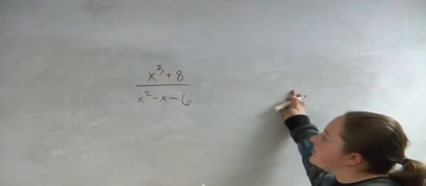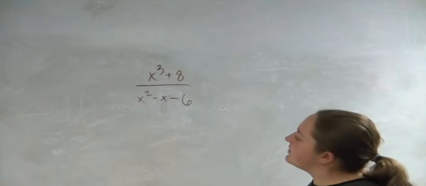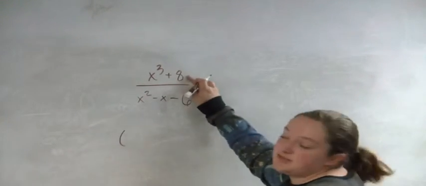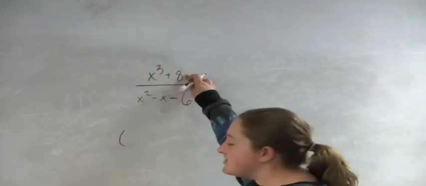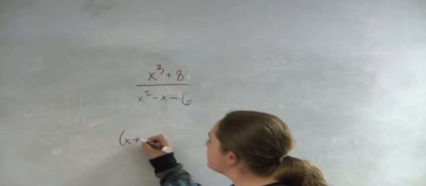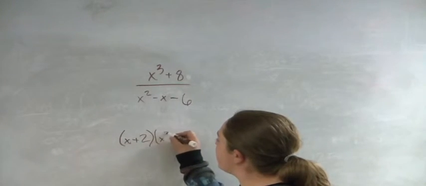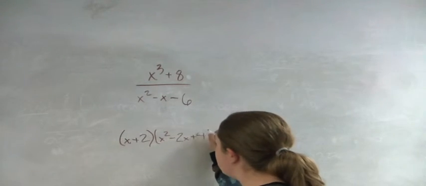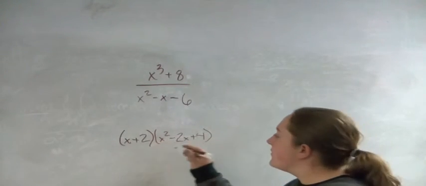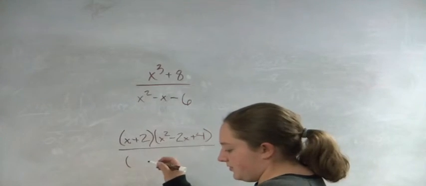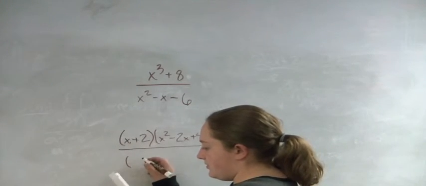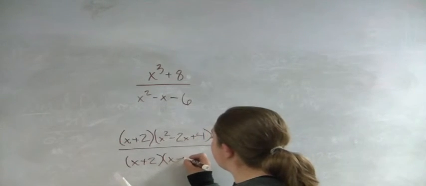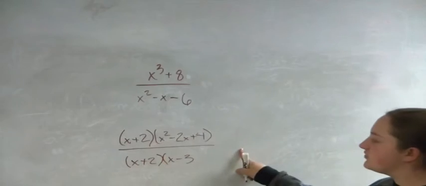So, and it would be multiplied by something. But if you just want to look at this side, you factor in that equation. So, since we know that 2 cubed is 8, we have x plus 2 times x squared minus 2x plus 4, since 2 squared is 4, over x plus 2, x minus 3.